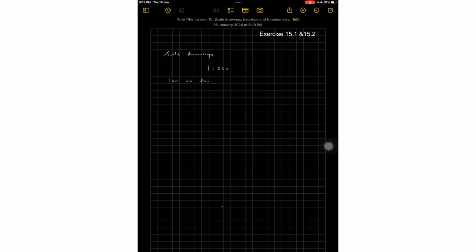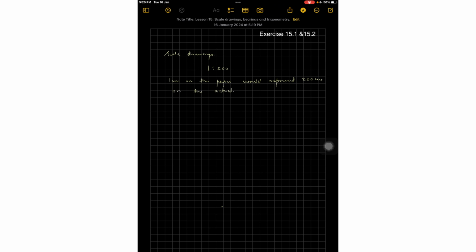Okay, it could be that way. 1 centimeter on the paper that you're drawing would represent 200 centimeters on the actual.